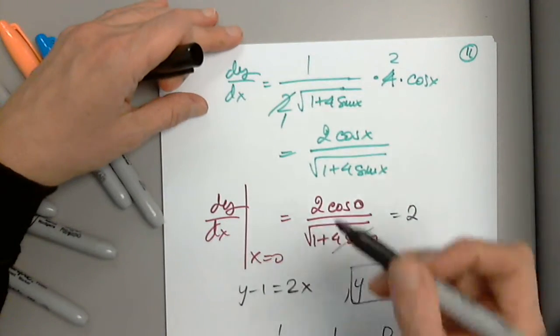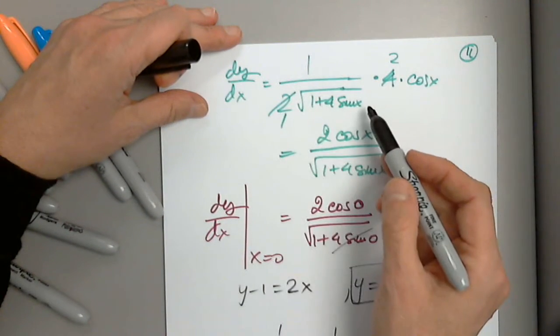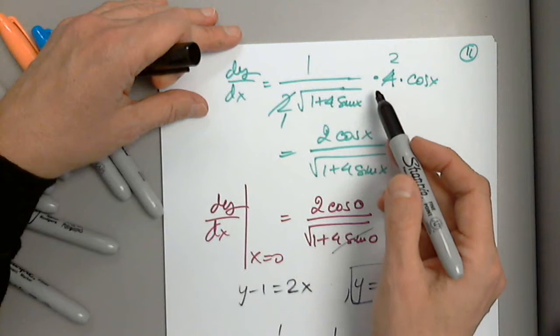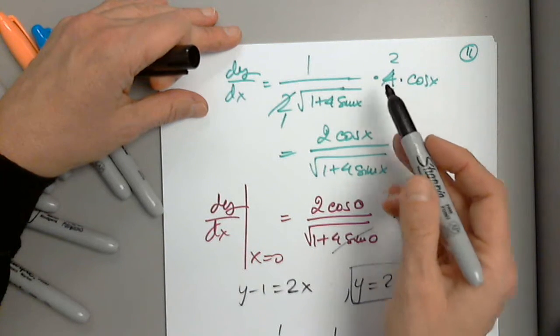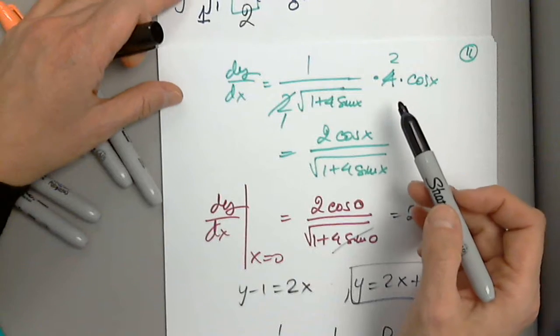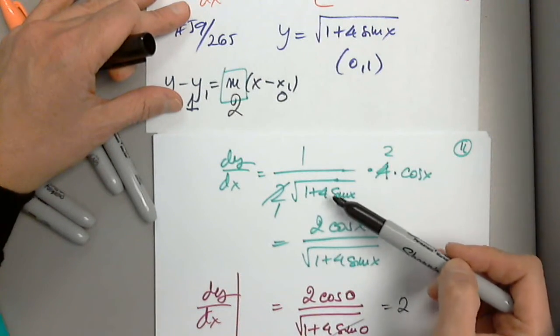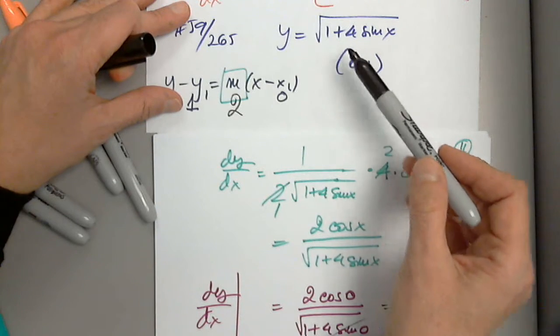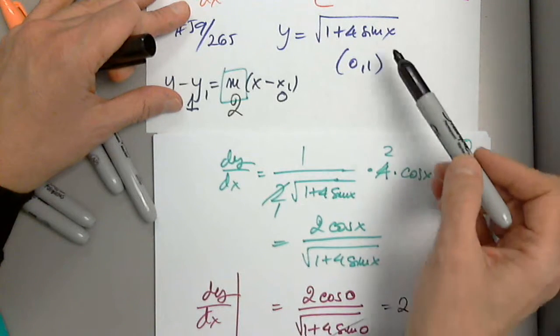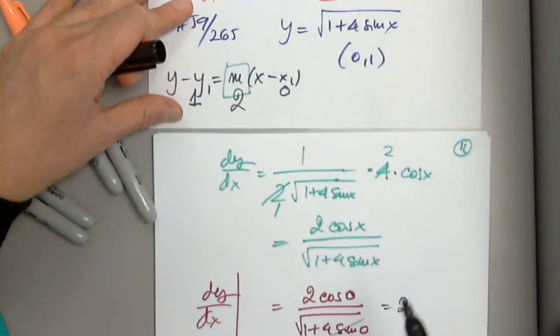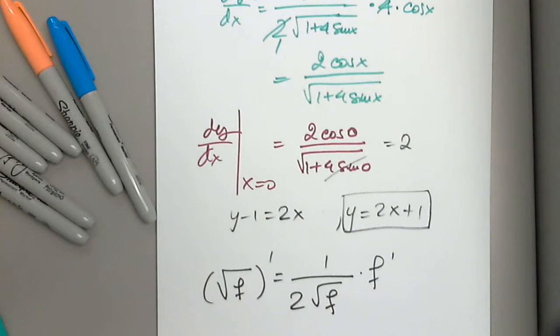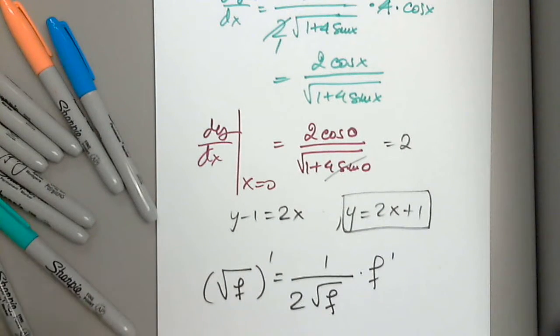So we wrote 1 over 2 the square root of the function times the inner function prime. So it's 1 over 2 the square root times 4 times cosine. Better? Perfect. We tend to forget, so that's why I always take the time as much as we need to review.